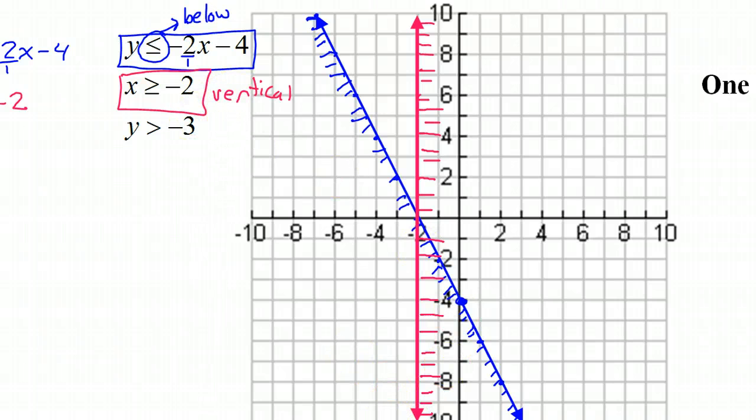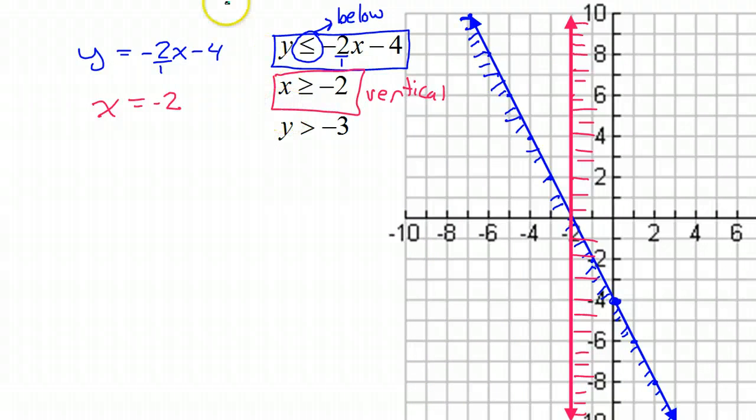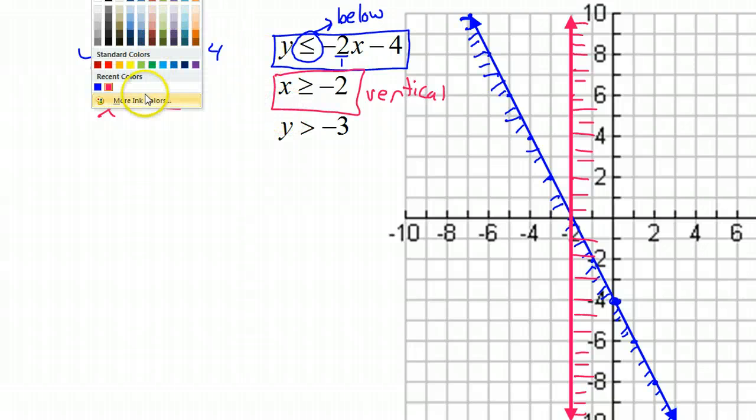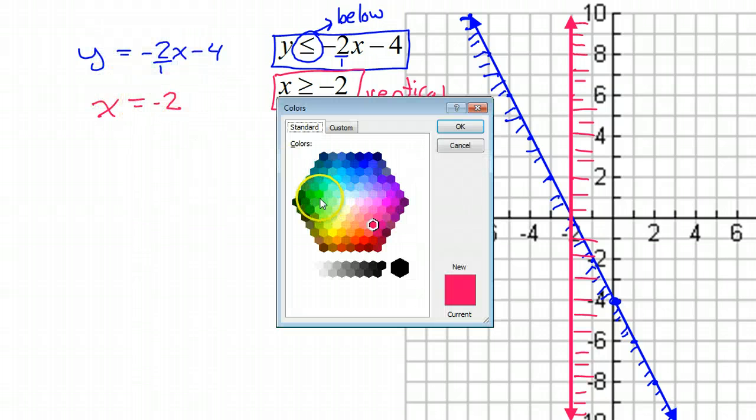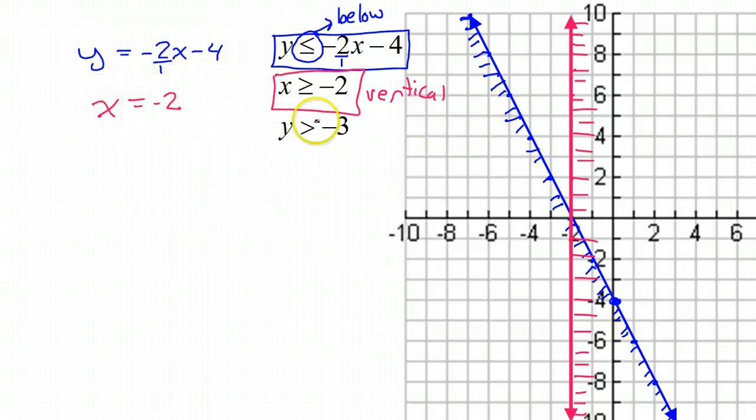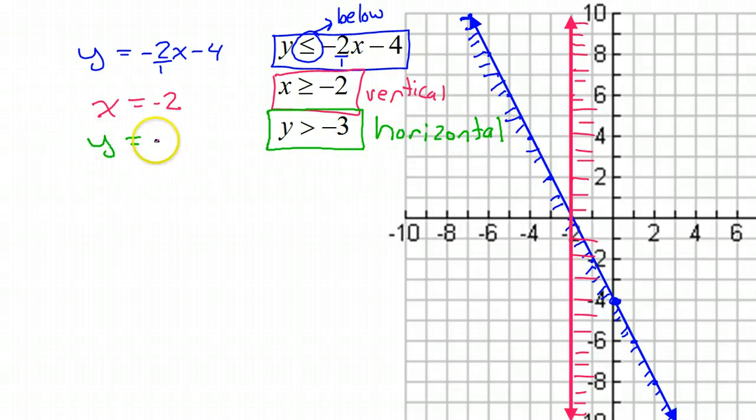Alright, one more inequality. Let's do this one in green. Yeah, I'll do green. And this one will be horizontal. Okay, we're talking about the related equation y equals -3. Just like x equals a number is a vertical line at that number, y equals a number is a horizontal line at that number.